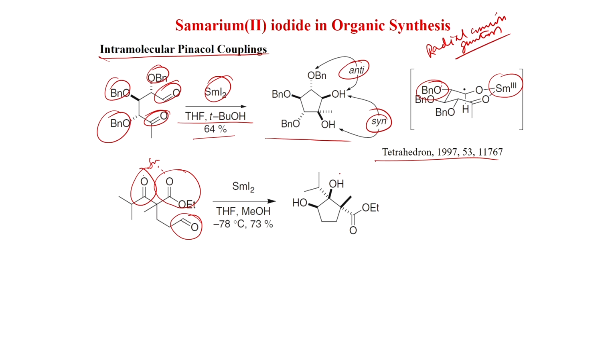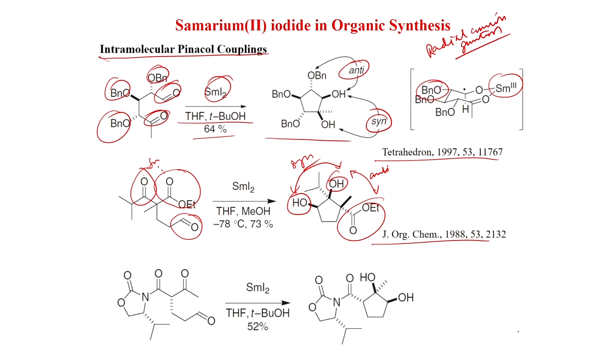That is why these two hydroxy groups are syn, and this ester group is actually anti, because this is more bulky here compared to methyl. So, this is anti and these two hydroxy groups are syn. This was published in JOC 1988.